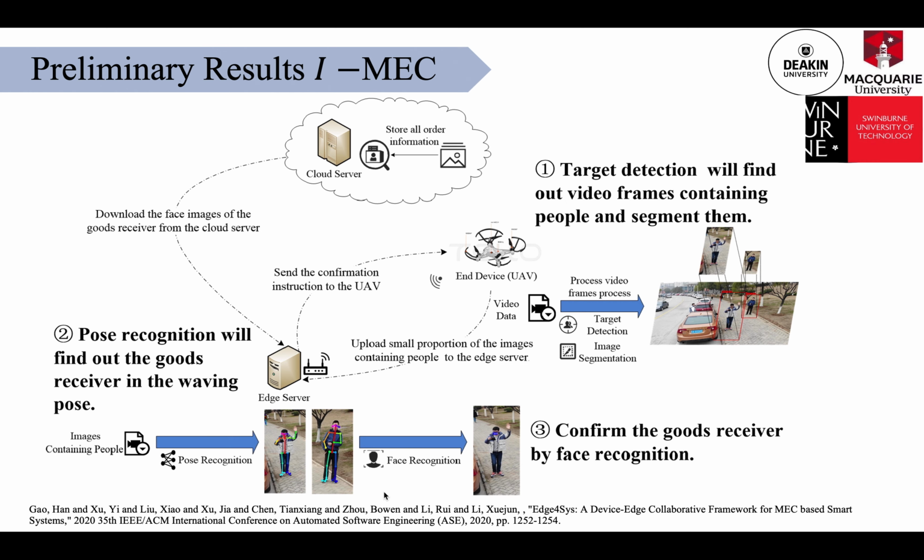So we proposed EdgeForces, a device-edge collaborative framework for mobile edge computing-based smart systems. In this framework, the original data can be pre-processed by the end devices, which will reduce the network traffic and also reduce the computation load of the edge server.